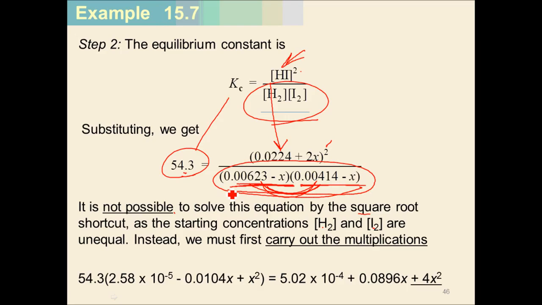54 times 0.00623 minus x times 0.00414 minus x is going to give us 2.58, distributive property there, 2.58 times 10 to the minus fifth minus 0.0014x plus x squared, which is all going to, multiplying through then, 5.02 times 10 to the minus fourth plus 0.0896x plus 4x squared.